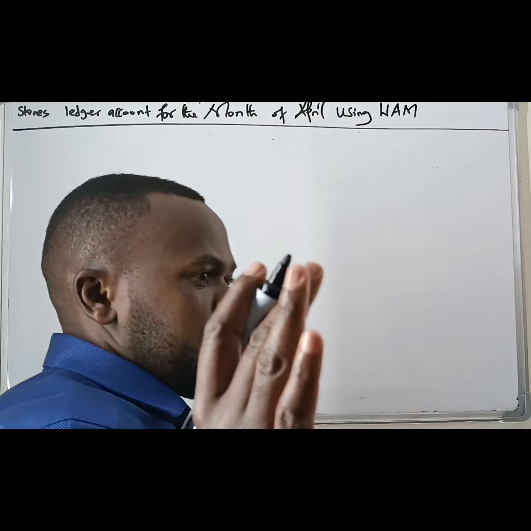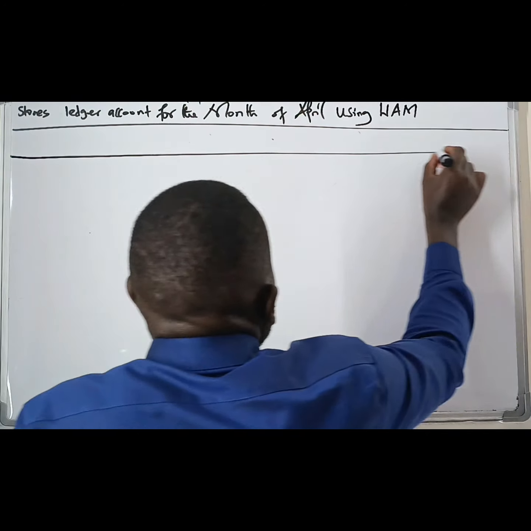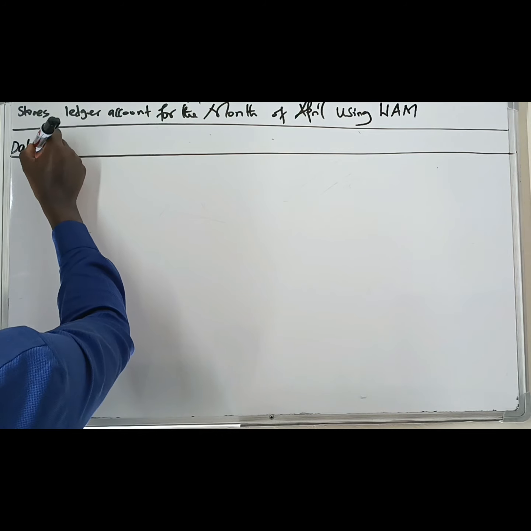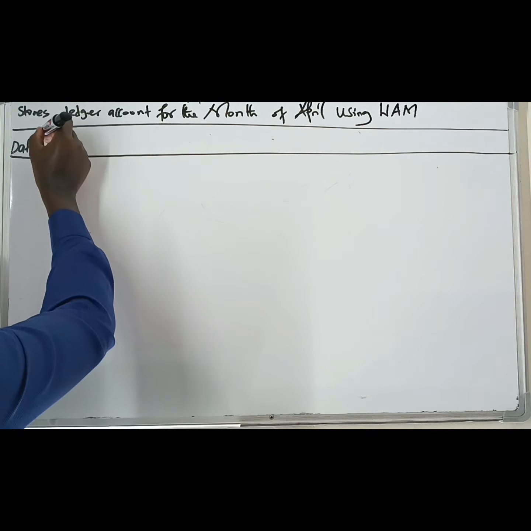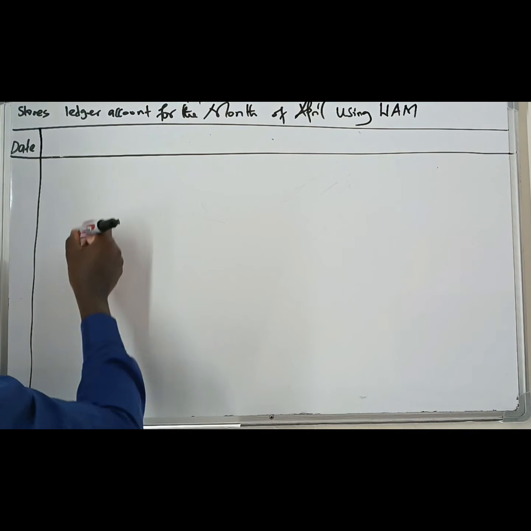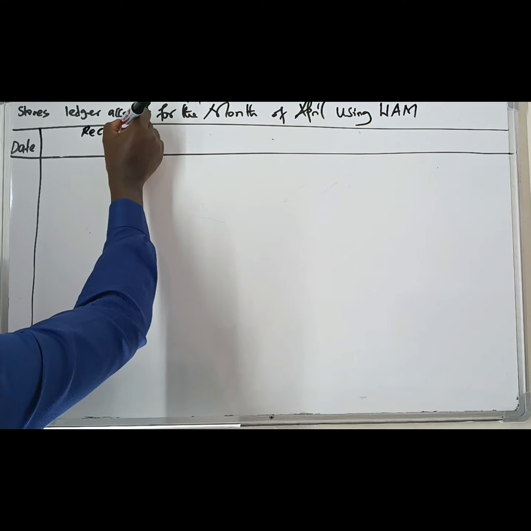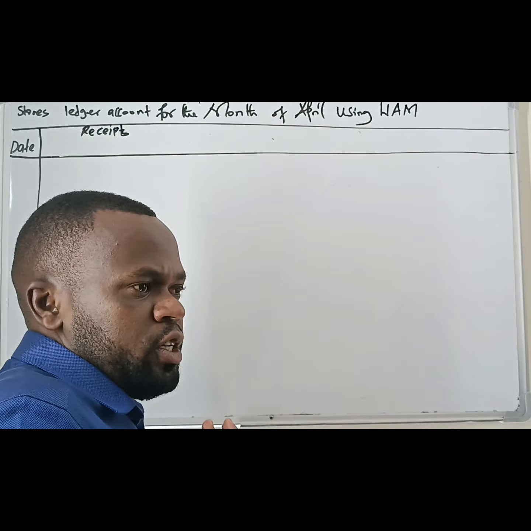Whenever you're preparing a stores ledger account or ledger card, you have to record the date of the transaction. It needs to be captured. After the dates, if you receive items, or when you purchase, you receive items in your store.